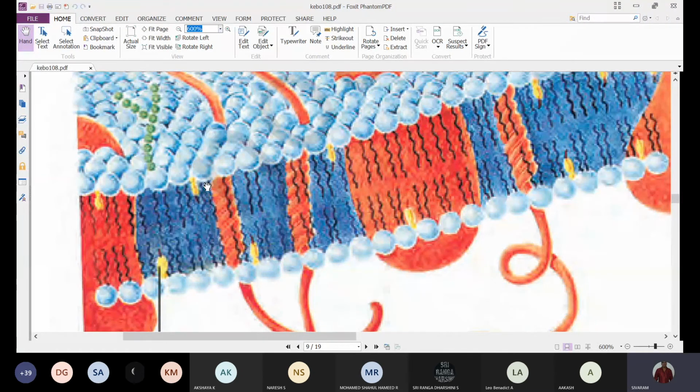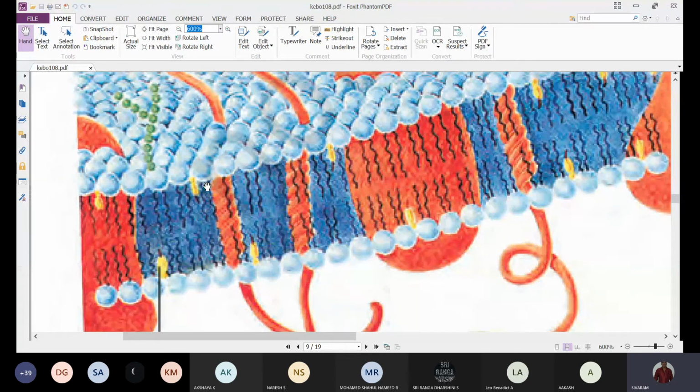If the hydrophobic tails were present towards the outer region, they could easily be destroyed by the water content of the cytoplasm and the environment, because most organisms live in water.